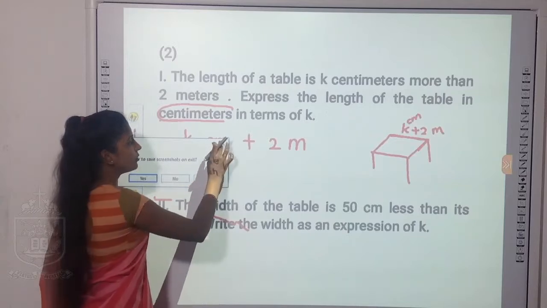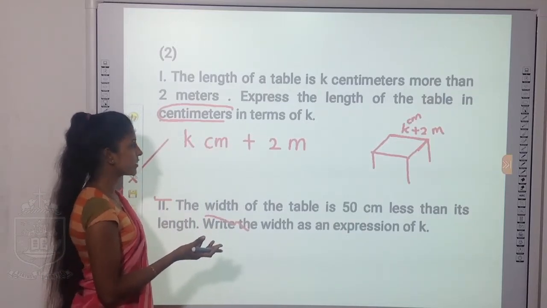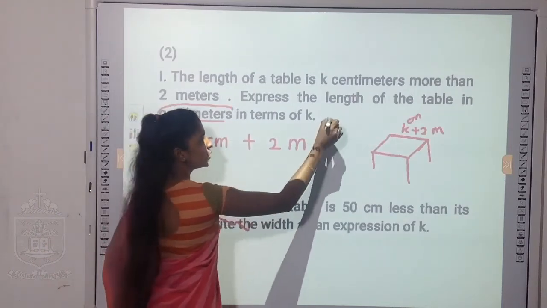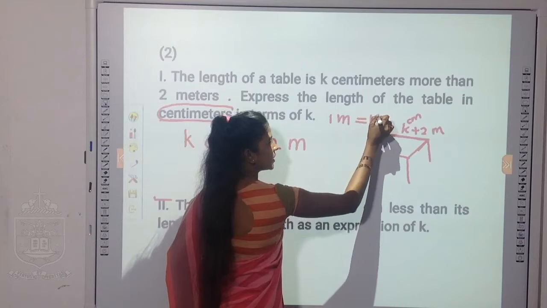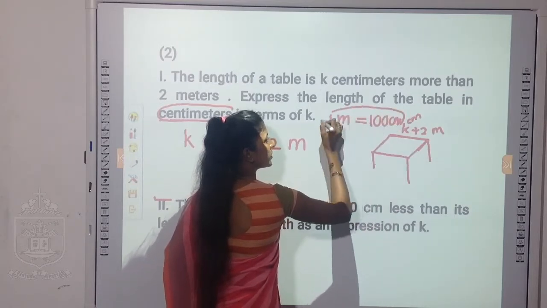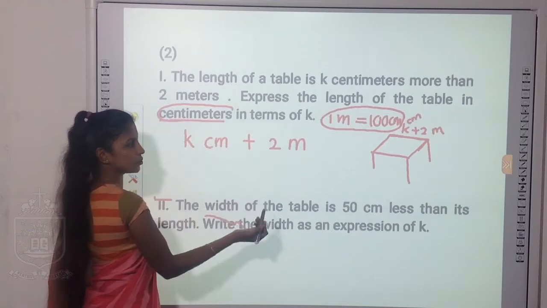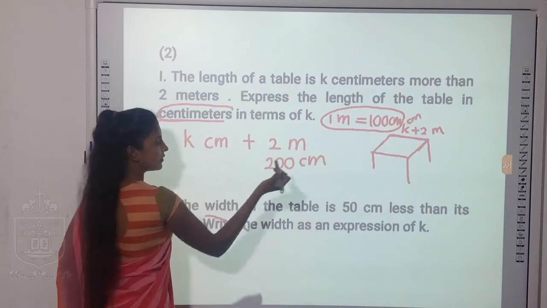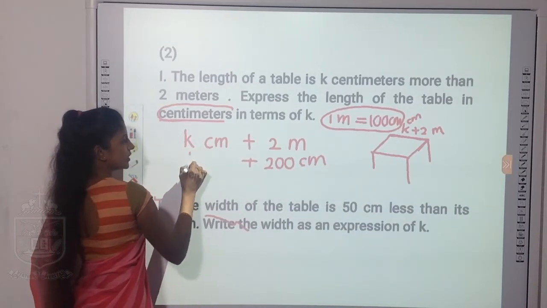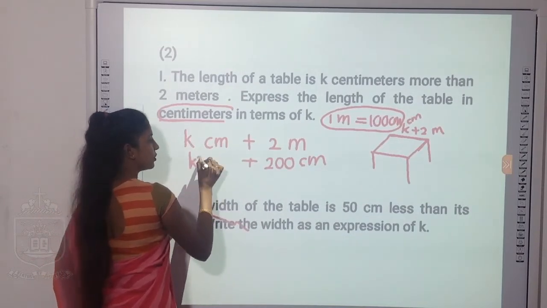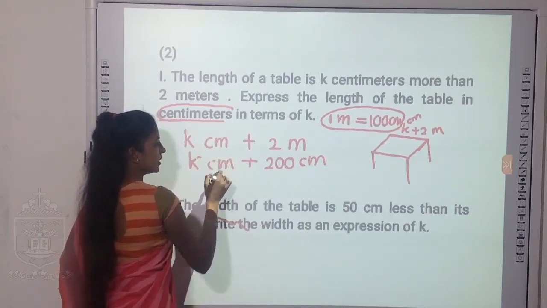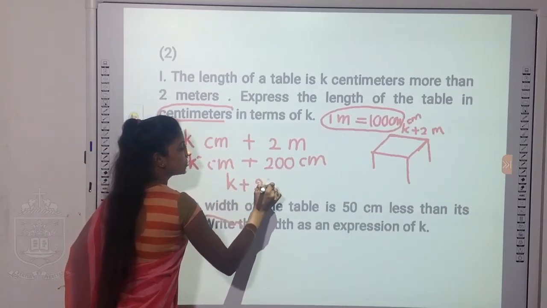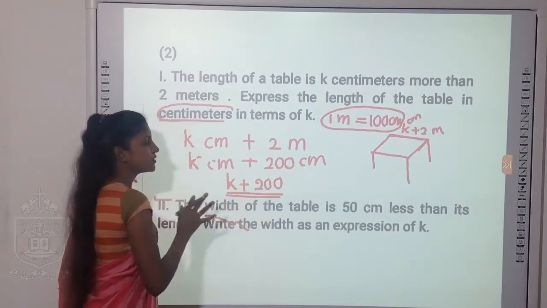You know that 1 meter equals 100 centimeters. Using this relationship, we are going to substitute 2. 2 meters means you have 200 centimeters, right? Here this is also in centimeters, but you should know in an expression we don't represent units. So we keep it like this: k plus 200. So this is the answer. We can't represent units in an expression.